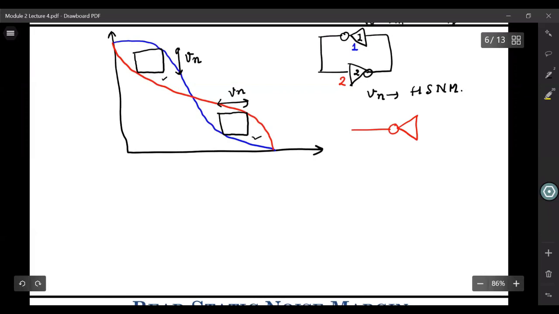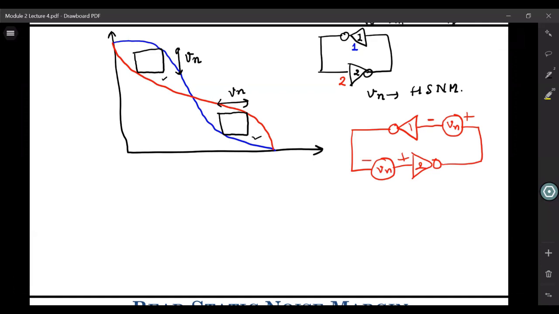We have this noise source over here, with the polarity like this. Then we have another noise source and this inverter 2, and here the polarity is opposite, that is, the positive terminal is connected to the second inverter's input. So we have this configuration in the worst case for HSNM.